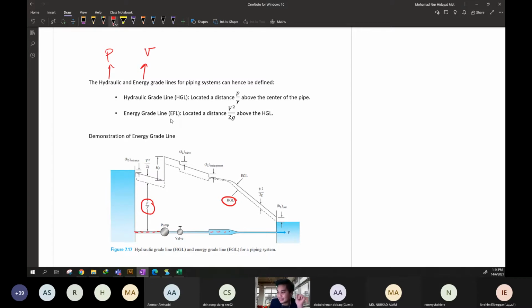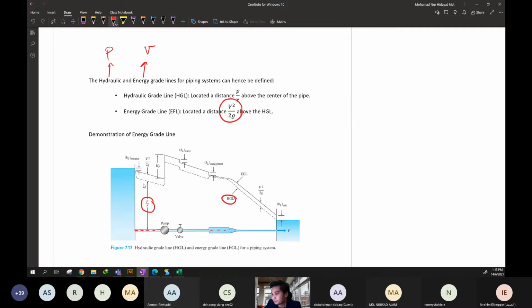So the energy grid line is located at a distance above the HGL. Where is the HGL? The dotted line is the HGL. Above the HGL, with the distance of V squared over 2g, is the EGL, energy grid line. Where is the EGL?